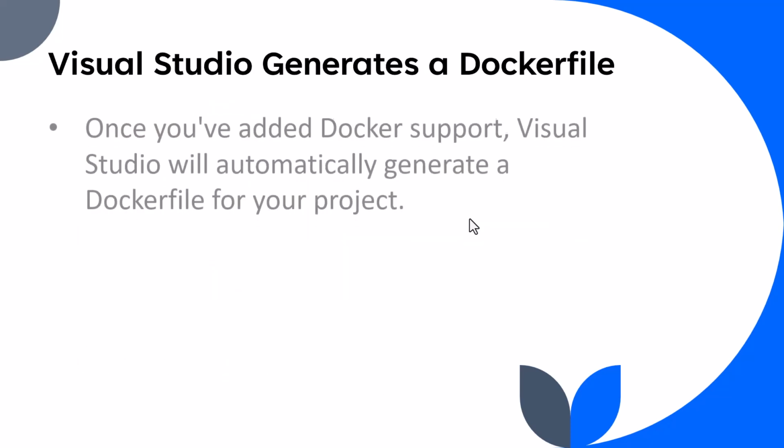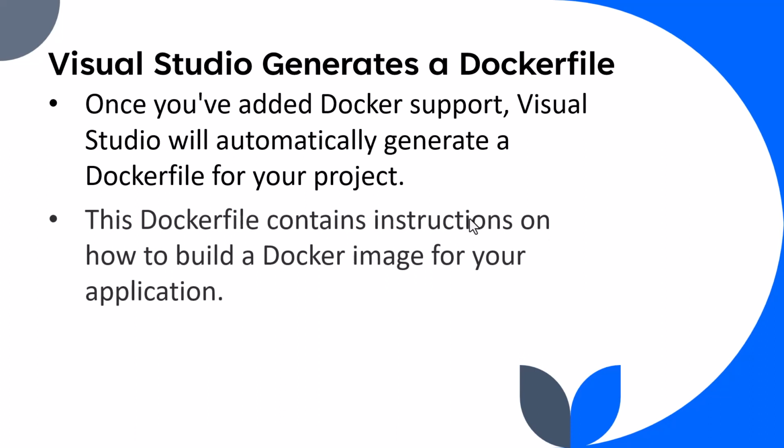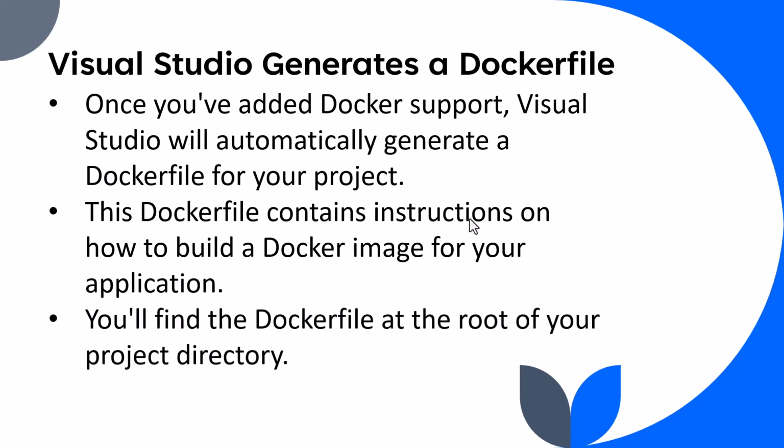This Dockerfile is the automation for building a Docker image and then running the Docker image to create a Docker container. It contains instructions on how to build a Docker image for our application, and it is at the root of our project directory.